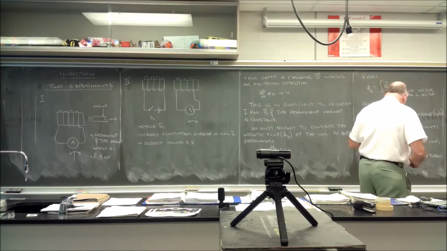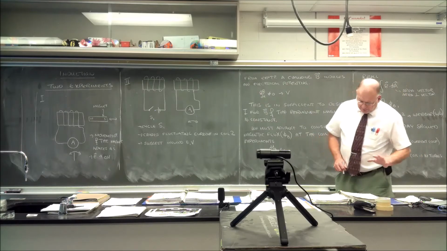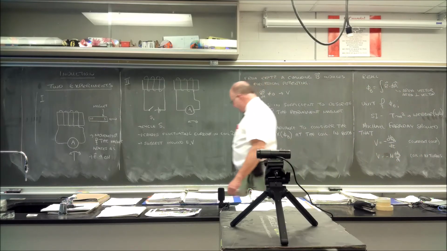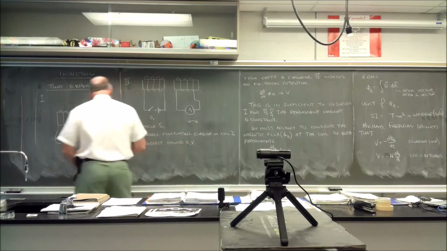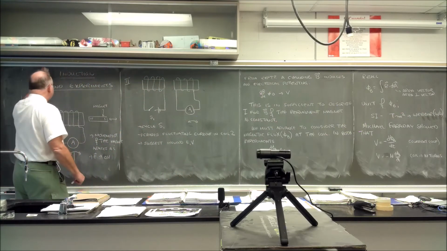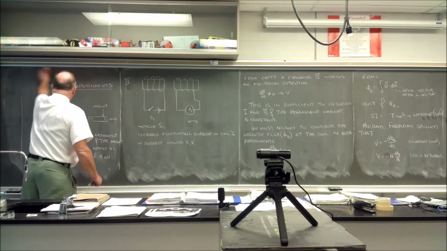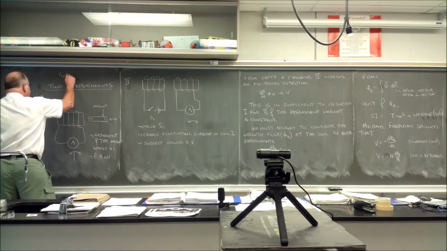Anyhow, so this is Faraday's law, but there's this interesting negative sign here. We should maybe stare at that for a minute and understand why. So I'm going to leave both of them up here because we need to look at this for a minute.